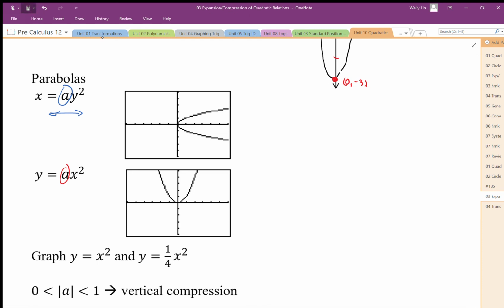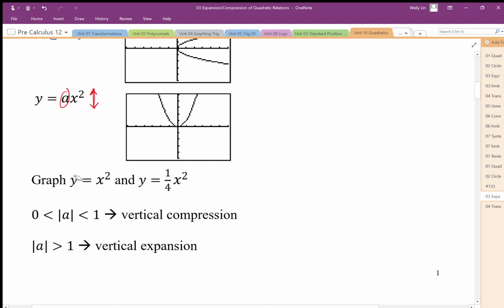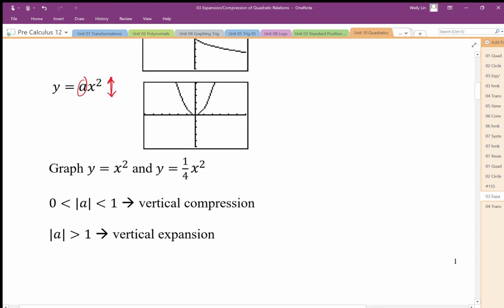Okay, so that A value is going to expand and compress horizontally. This one will expand and compress vertically. So when we look at y equals x squared, this is a vertical compression. Okay, so when we show it on the x side, it's going to be exactly what we see.